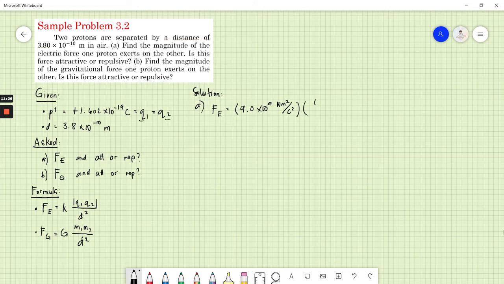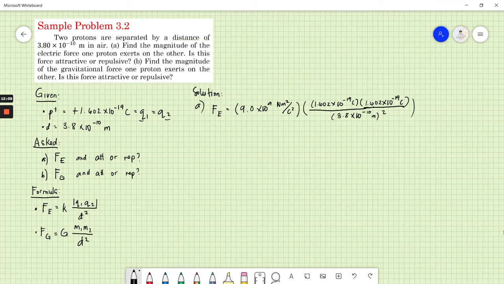Our Q1 and Q2 have the same value. So that's basically 1.602 times 10 raised to negative 19 coulombs multiplied by another 1.602 times 10 raised to negative 19 coulombs. All of this divided by the distance between these two protons, which is 3.8 times 10 raised to negative 10 meters, and we have to square that. Let me just edit that, sorry, it's negative 10 meters.